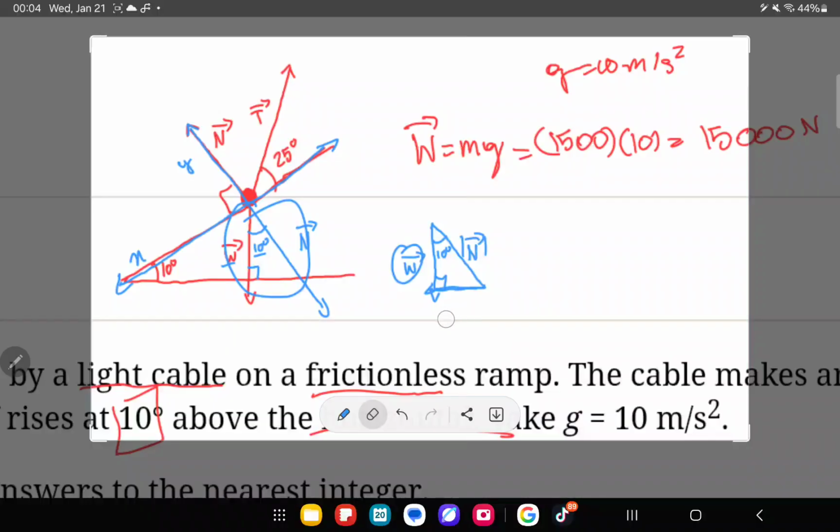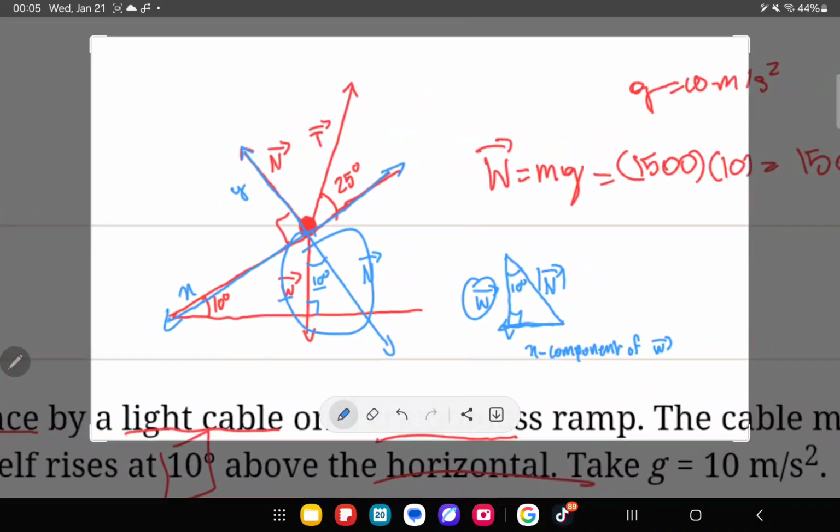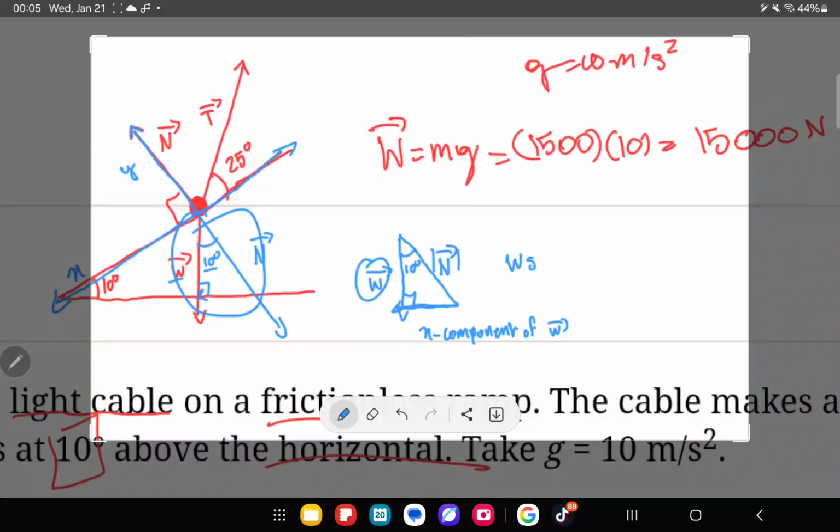Or sorry, no, the x component of W. Now, to be honest, as long as it's pointing the right way, you can acquire it through this, you can state the following. W sine 10 is equal to the x component of W.